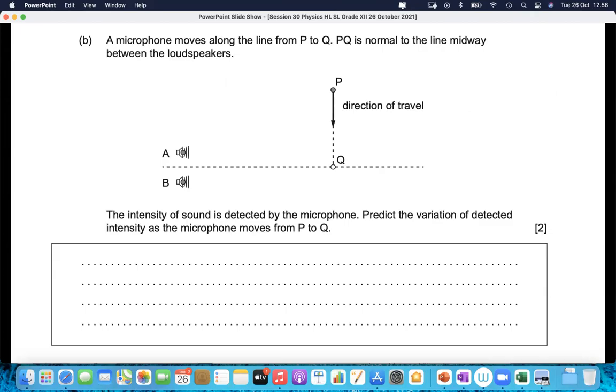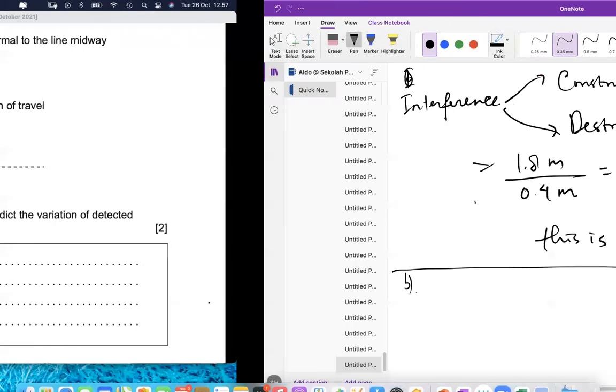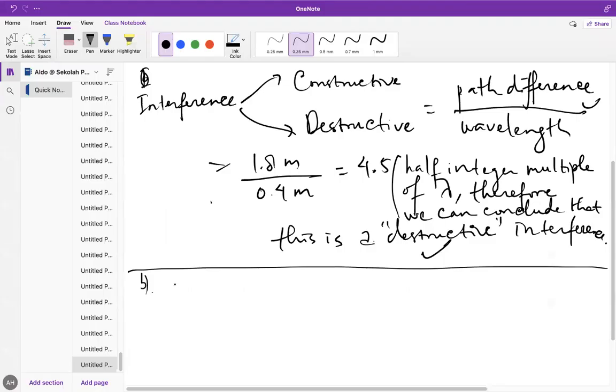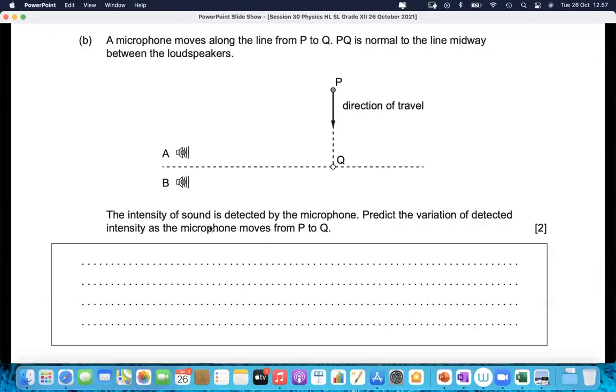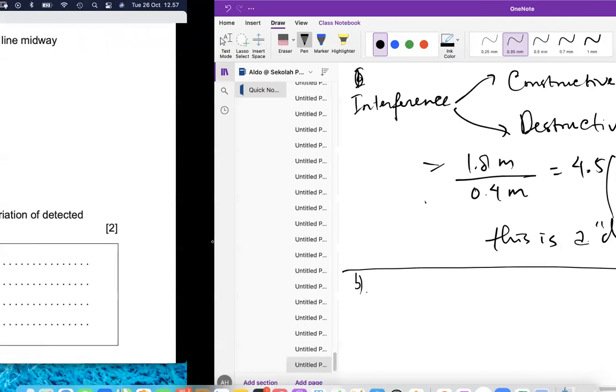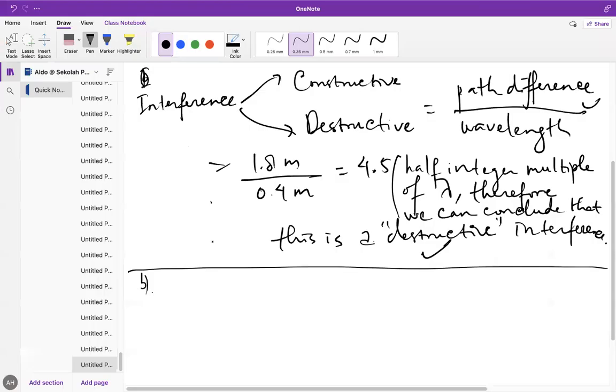Yeah, we continue. So here, I said to you, sound is a wave. Therefore, how to answer this? How about the intensity? Predict the variation of detected intensity as the microphone moves from P to Q. Of course, there's a series of maxima and minima.